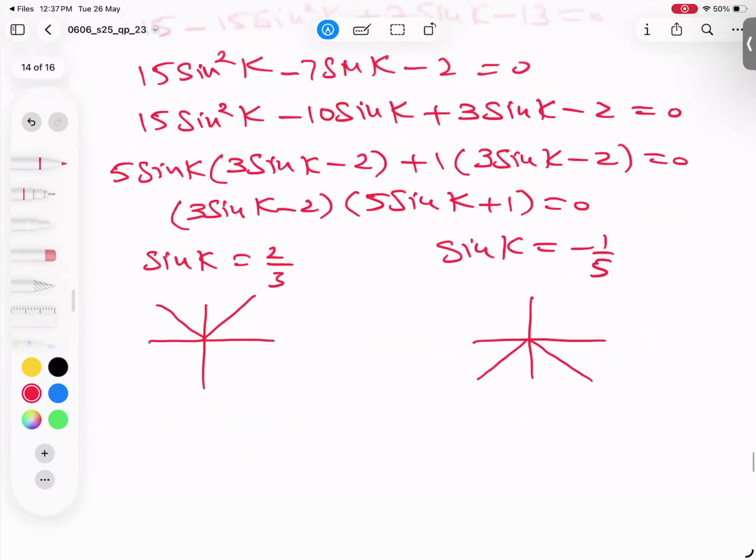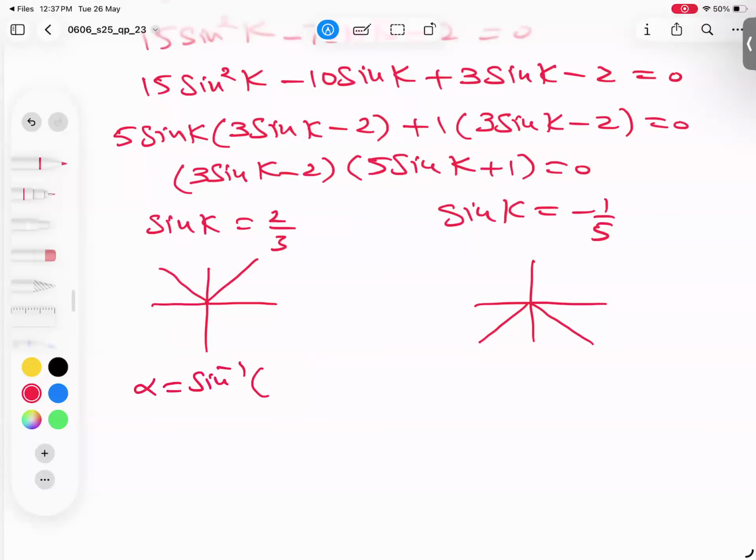So alpha is equal to sine inverse 2 over 3. Here beta is equal to sine inverse 1 over 5. Don't take the negative sign. And if I check it in the calculator, make sure it is in radian mode. If I type sine inverse 2 over 3, I'm getting alpha 0.7297, so it becomes 0.73.